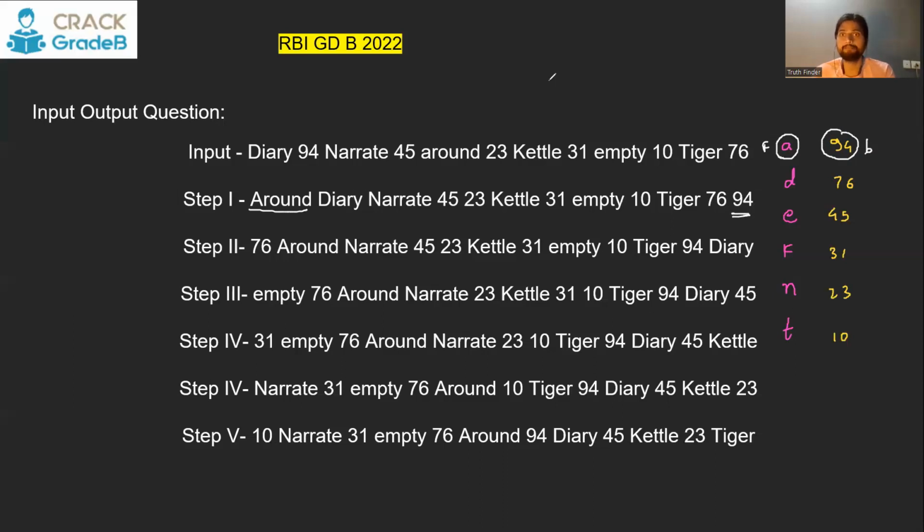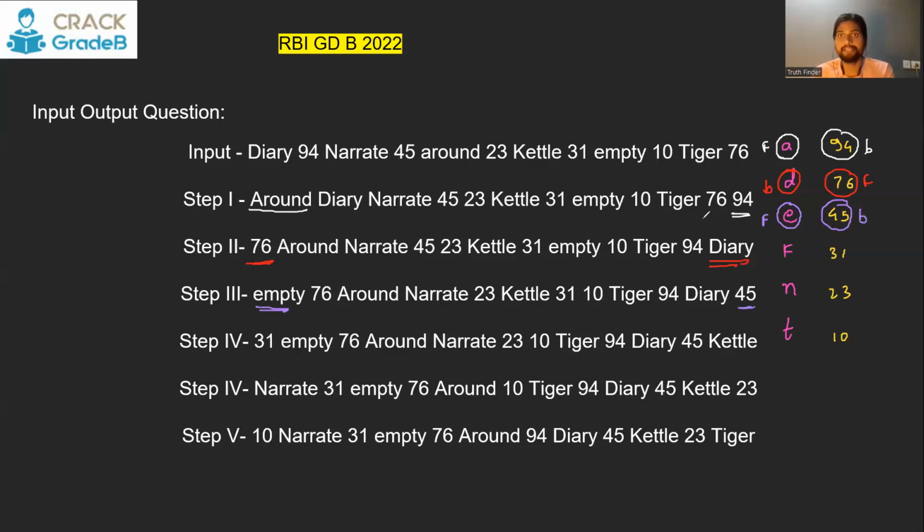In the second step, the diary goes in the back. And 76 comes in the front. In the third step, empty goes in the front and 45 goes in the back.